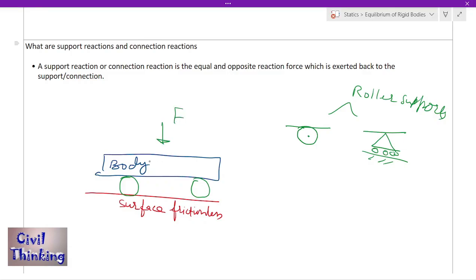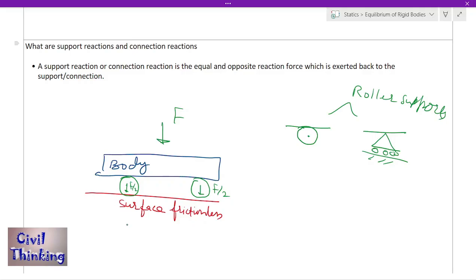This F will be transmitted to the body, and the body will send this force to these supports. Here will be F by 2 and here will be F by 2. So these forces will be sent to these supports, and the supports will send forces to this surface. There is F by 2 force on this surface from one support, and F by 2 force from the other support.